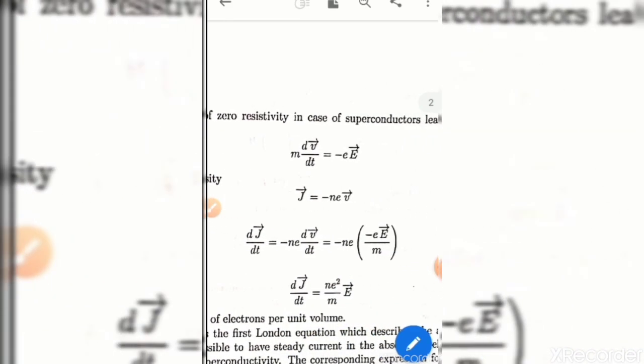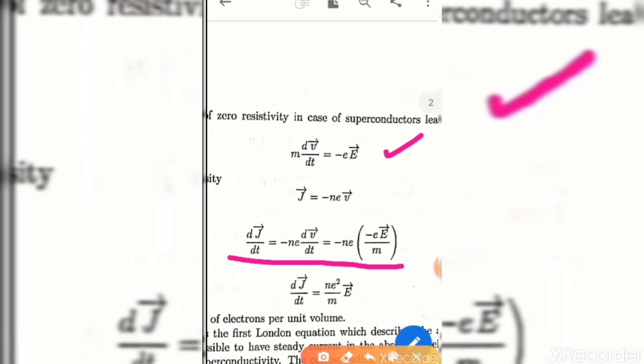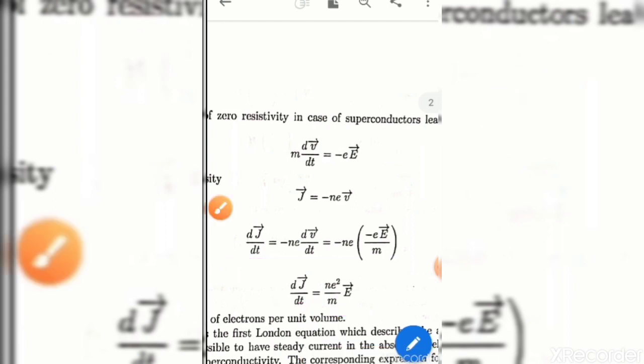Differentiating this equation of current density, and putting in the value of acceleration from the above equation, we get a relationship between current density and electric field: del J by del t is equal to ne square by m into E, where n is the number of electrons per unit volume.